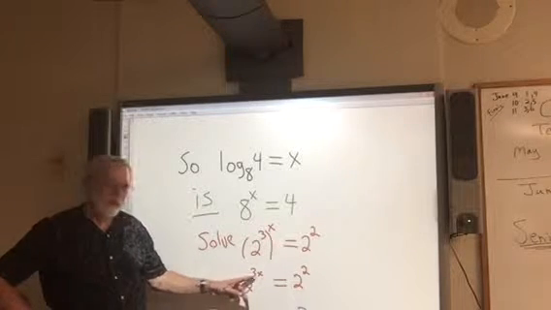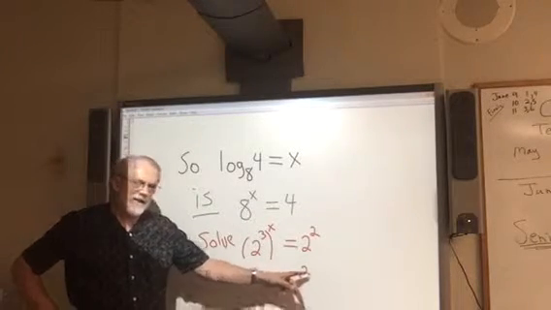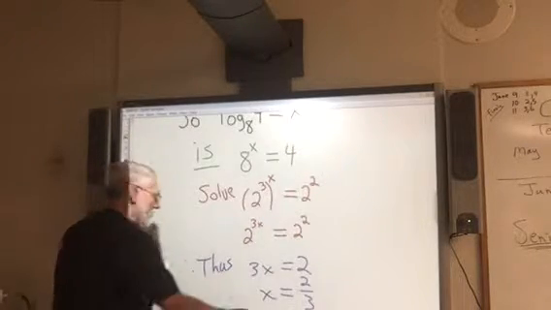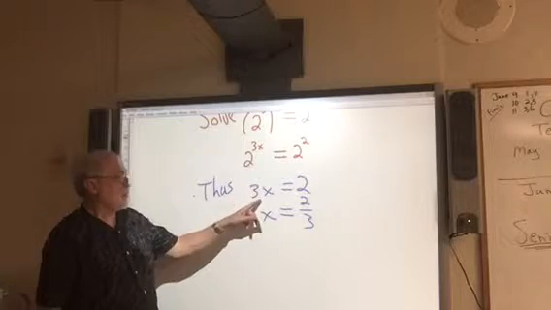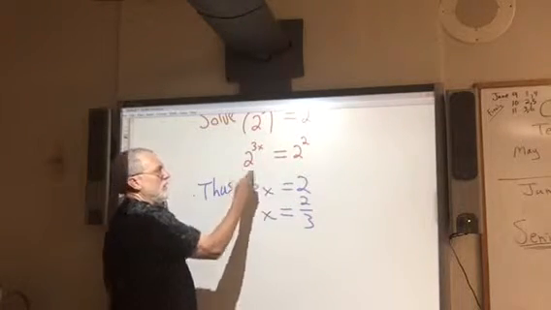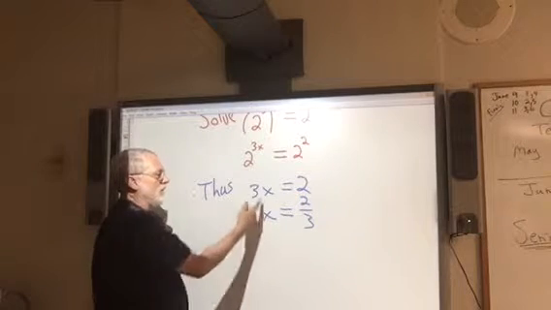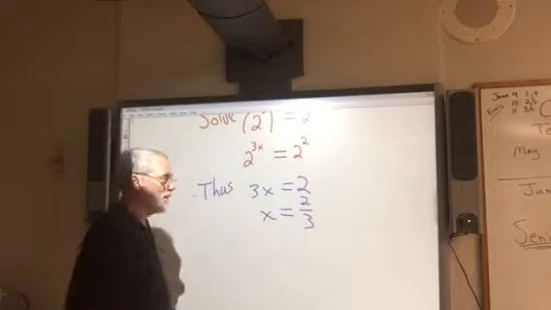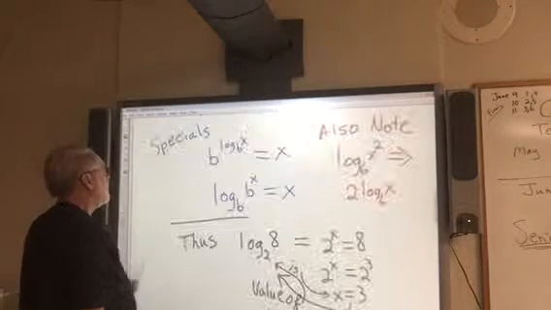So we get 2 to the 3x equals 2 to the second. What does that mean? It means that 3x has to equal 2. In order for this to be true, this must be true. Solve for x, x equals 2/3. There you go. You can solve using logarithms.